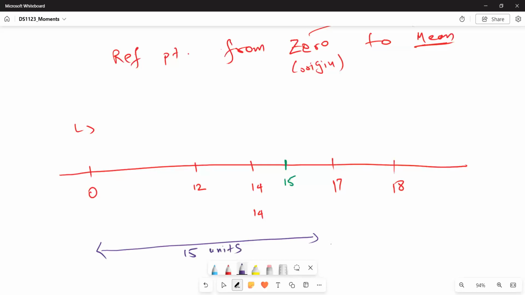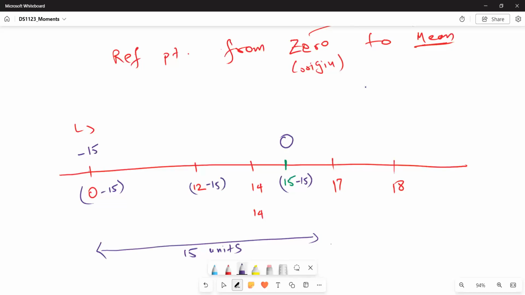And I want to shift this origin to 15, which means I'll make this 15 as 0. So this is my new data point. How this can be done? I can simply subtract 15 from this. Right? So this becomes my new 0 and 0 becomes minus 15 because I'm going to subtract 15 from every data point. Right? So I'll subtract 15 from 12.